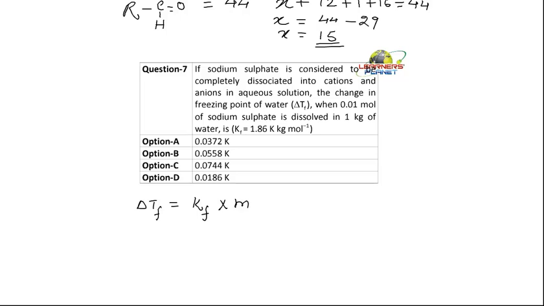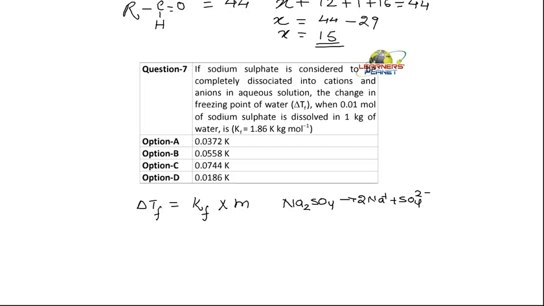Okay, so here students, sodium sulphate is completely dissociated, that is, Na2SO4 gives 2Na+ and SO4 2-. Right?